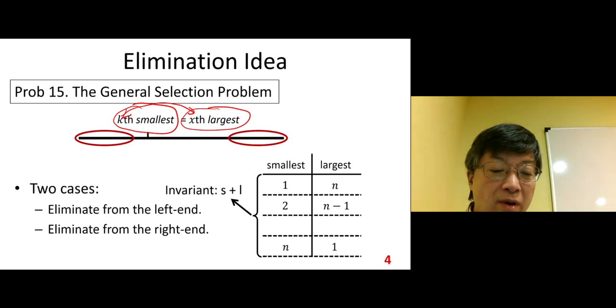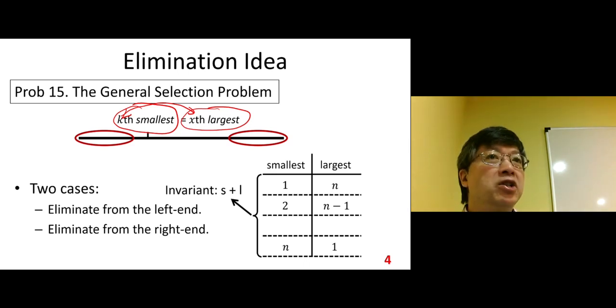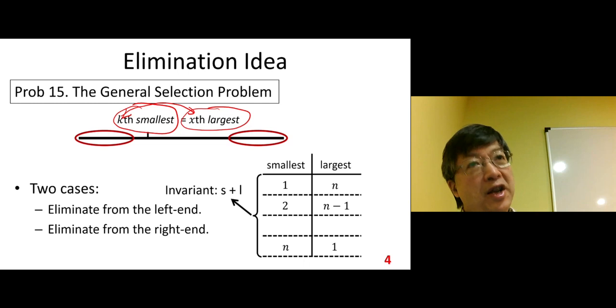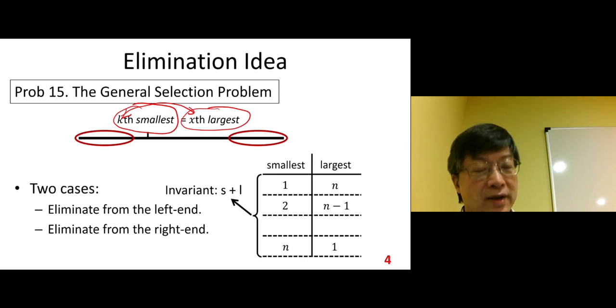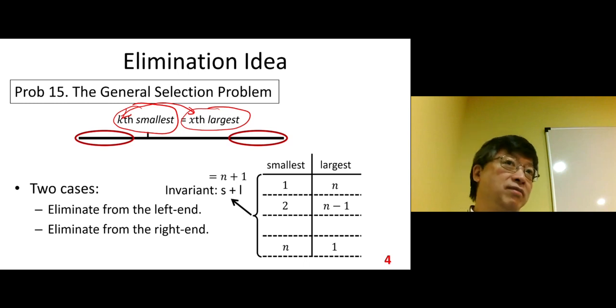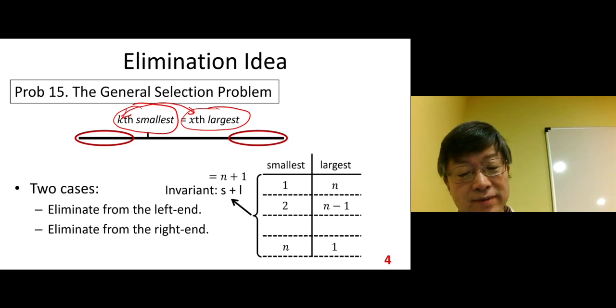S plus L, where S means the smallest rank and L means the largest rank, from the larger side. S plus L equals n plus 1. That is the invariant.